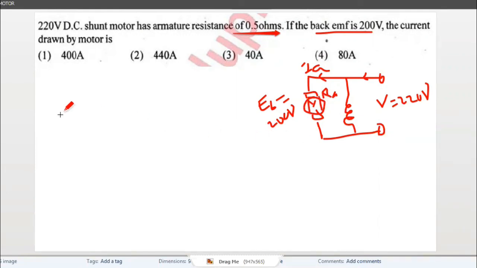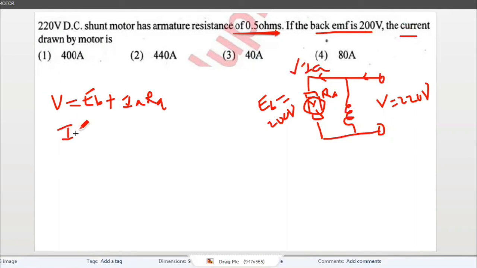So for this, if you write the terminal voltage V equal to EB plus IA RA. So from this, we require the current drawn by the motor. So we require IA.